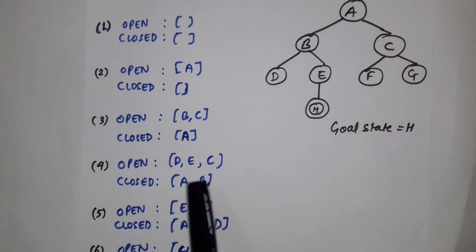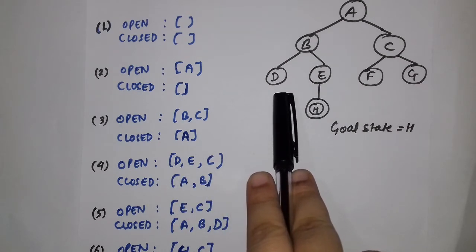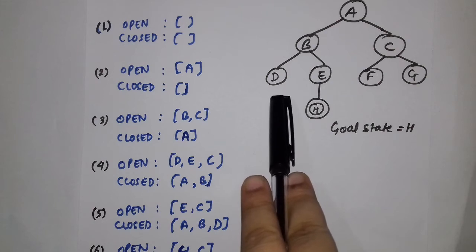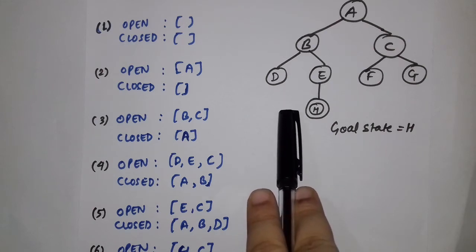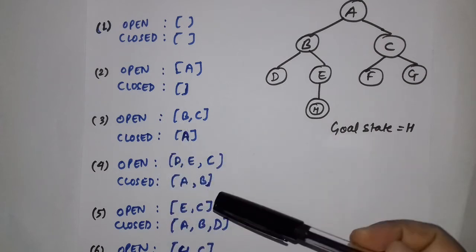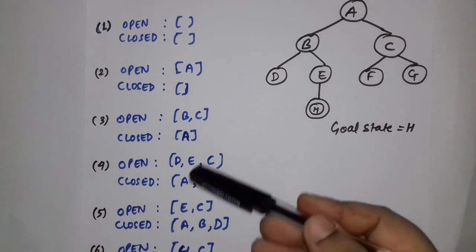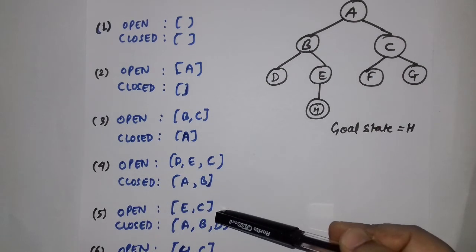Now moving further, we can see that there is no child of D. So the element D will be transferred to closed list, but as there are no children, we cannot write any children element here. So D is transferred to closed list and E and C are left in the open list.